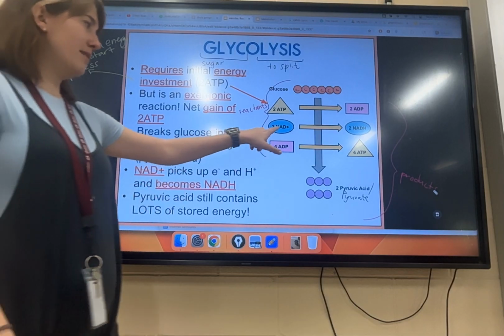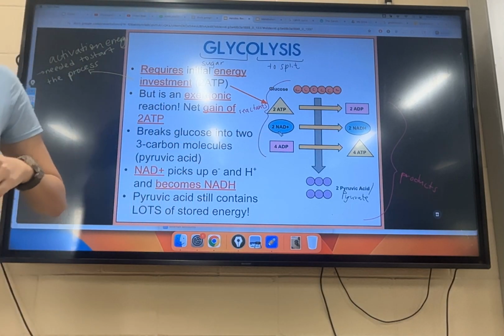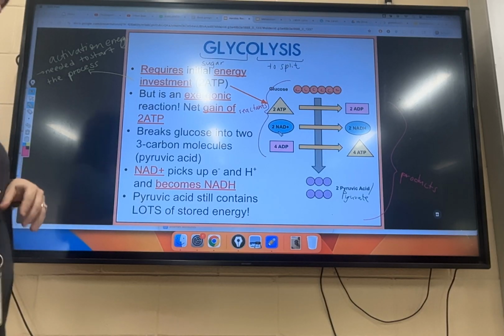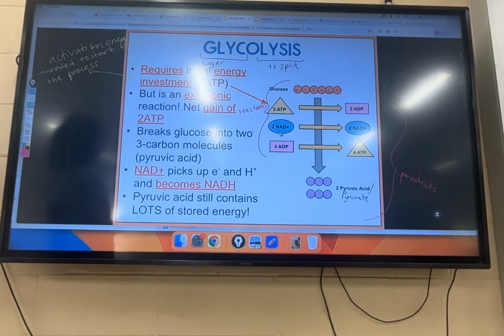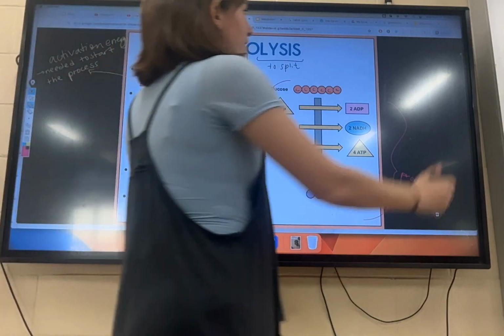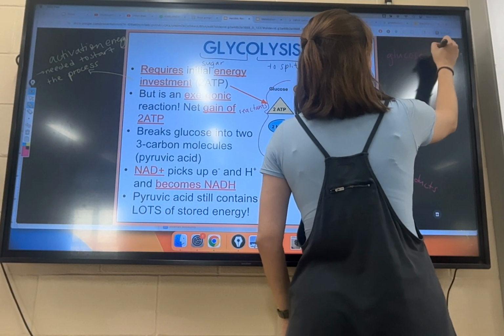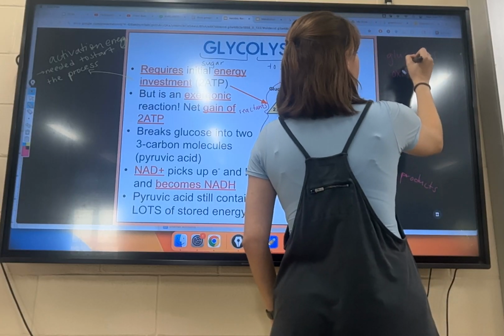So if NAD+ is picking up electrons, is it being oxidized or reduced? Reduced. No, you were right the first time. It's being reduced. Remember, OIL RIG: reduction is a gain of electrons. So our glucose gets oxidized in this process.